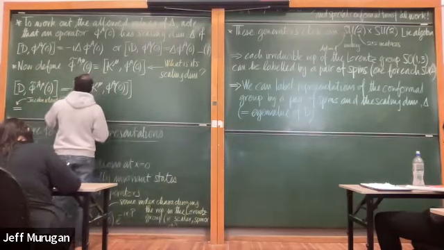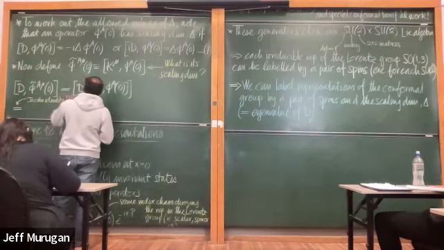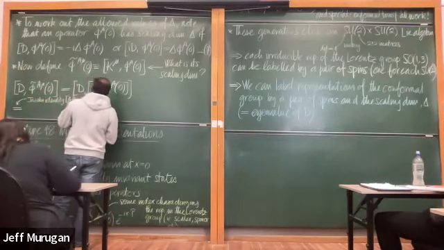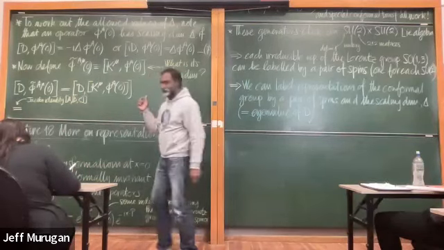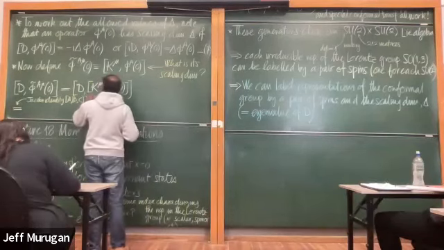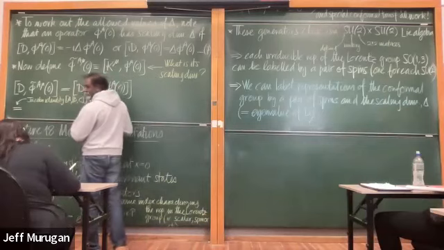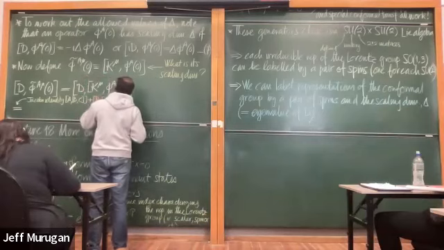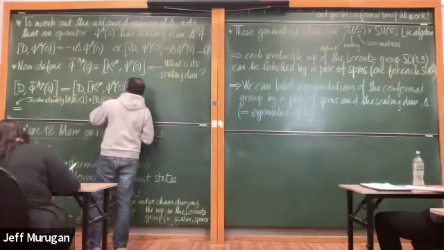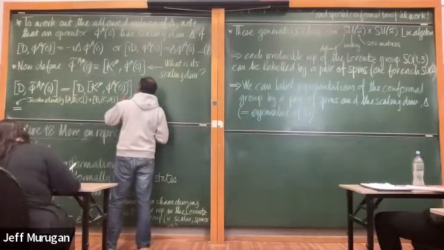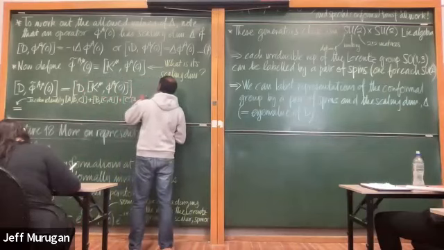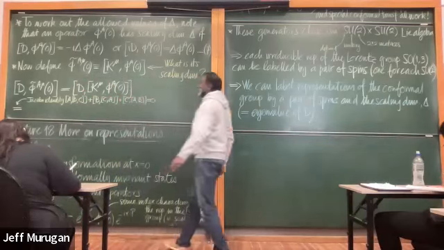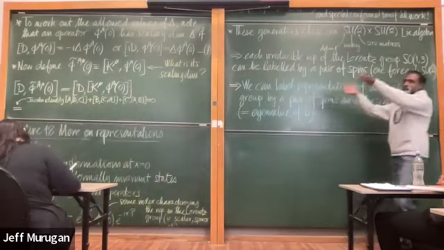If I've got operators A, B, and C, the commutator of A with the commutator of B and C, plus cyclic permutations of this, so B with the commutator of C and A, plus C with the commutator of A and B, vanishes.